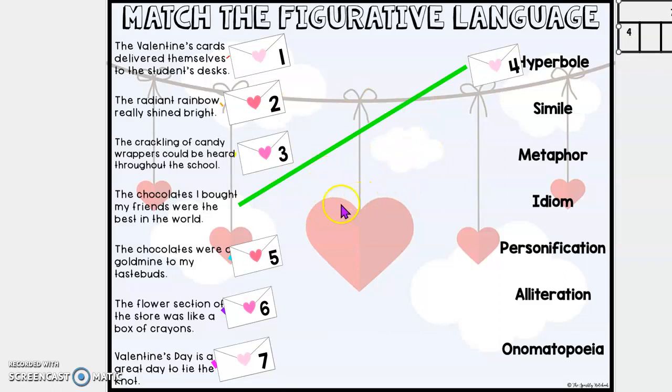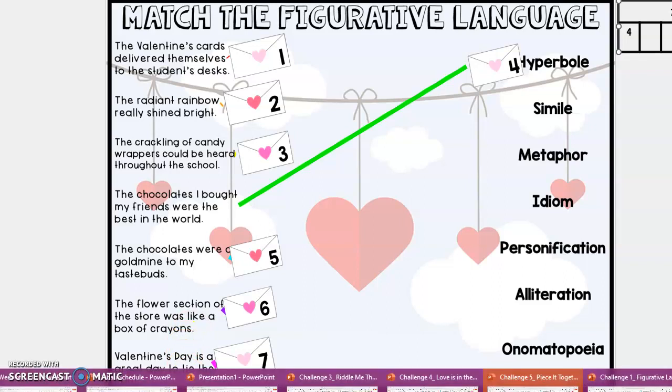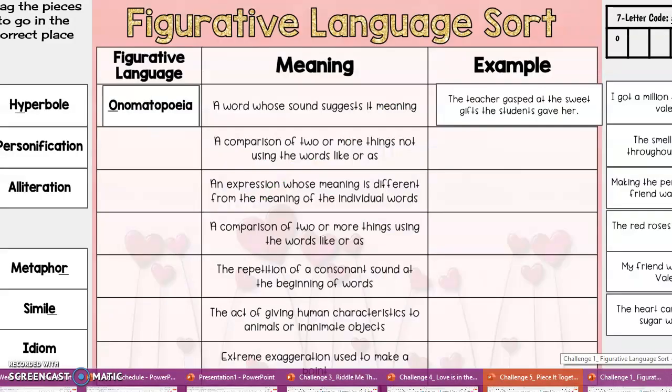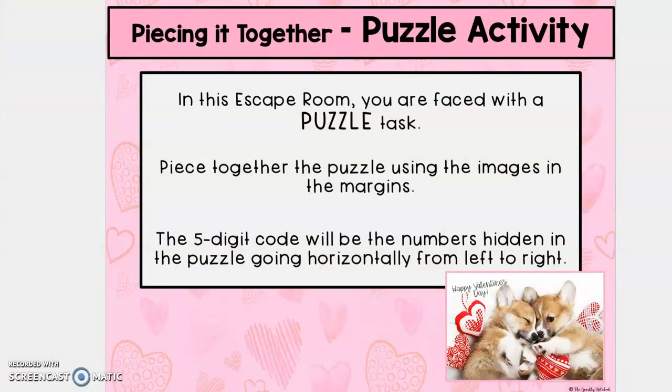And remember, this is going to be a 7-digit code for this one. So you'll just grab the numbers on the envelopes and type those into your code and then transfer them over to our answer sheet. Okay, last but not least, challenge number 5. Oh, here, I'm hovering right on it. This is a puzzle.